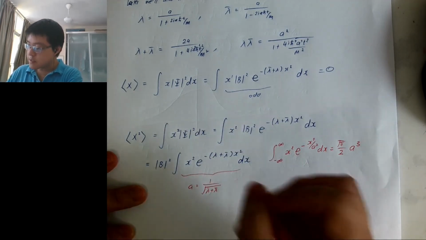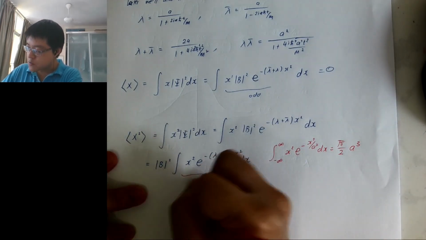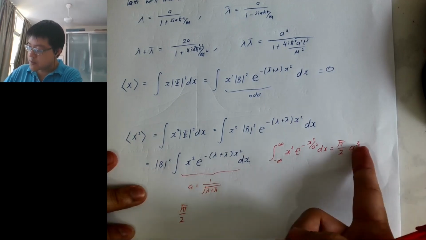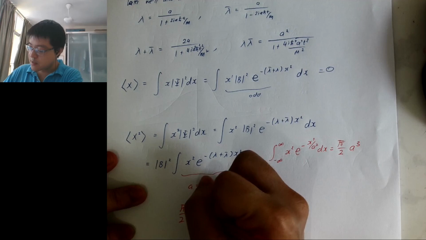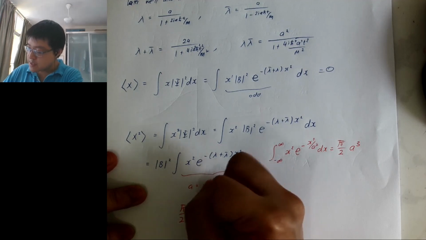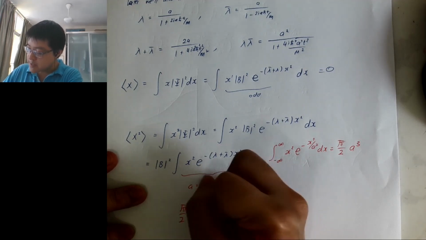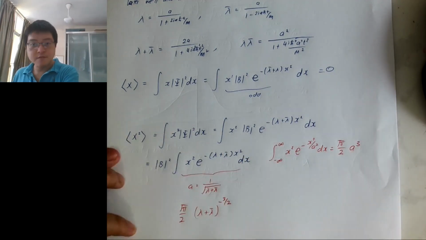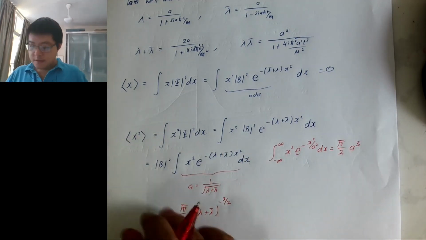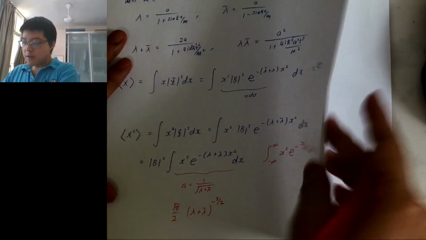So this integral is going to be equal to root pi over 2 times this thing to the power 3 over 2. Okay, so now we get delta x squared.